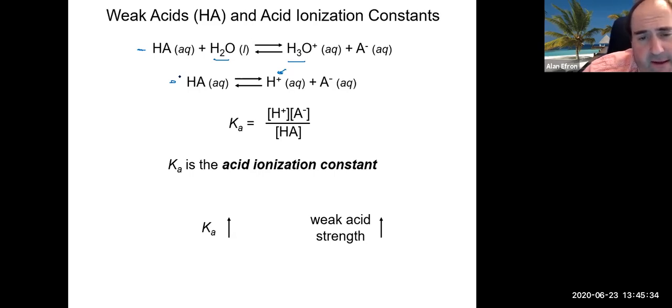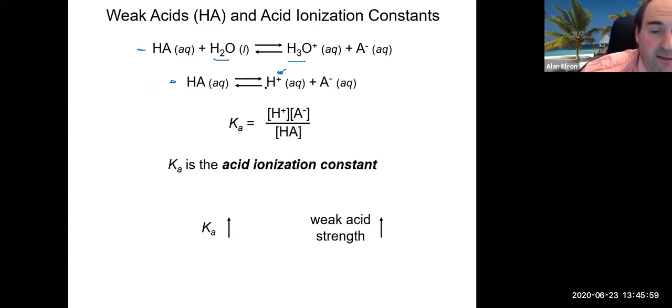So let's just talk about that for just a second, just to make sure we're clear. If we have a larger Ka value, or you're comparing Ka values, the larger Ka value will be the stronger weak acid. Obviously, even the strongest weak acid will be weaker than a strong acid. So when we have a large K value, that means we have mainly products.